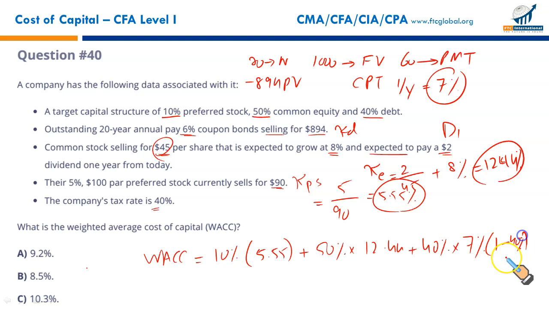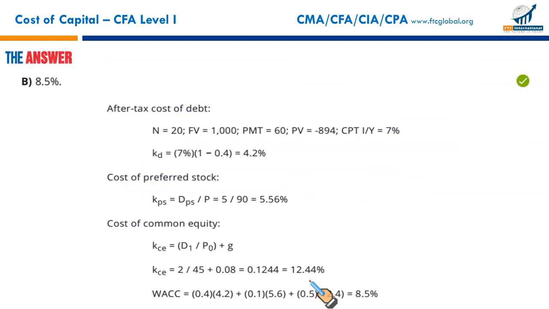Let me do the computation. 0.1 times 5.55 plus 0.5 times 12.44 plus 0.4 times 7 times 0.6 gives me 8.455. 8.455 is approximately 8.5, and that gives you B as the correct option.